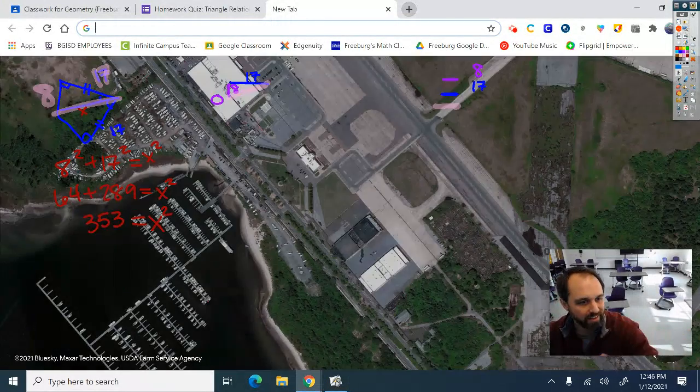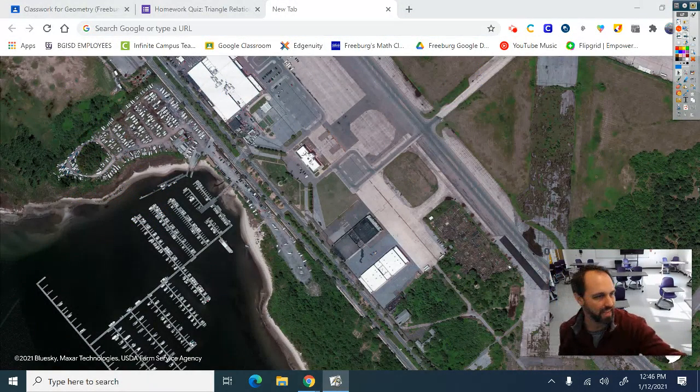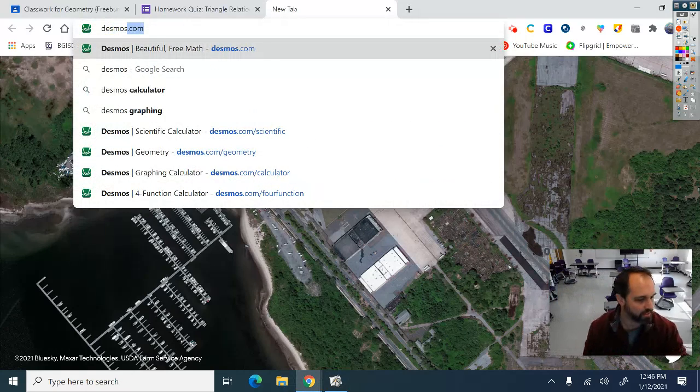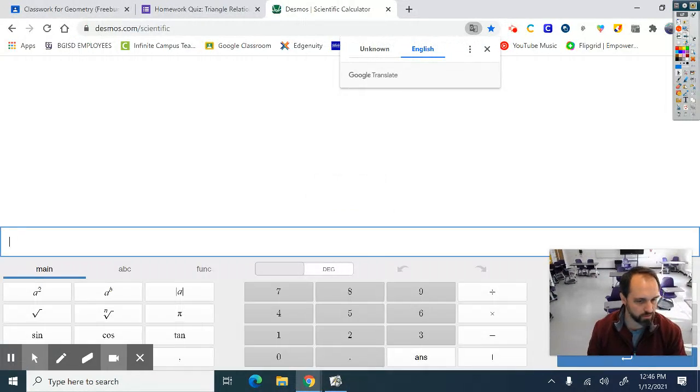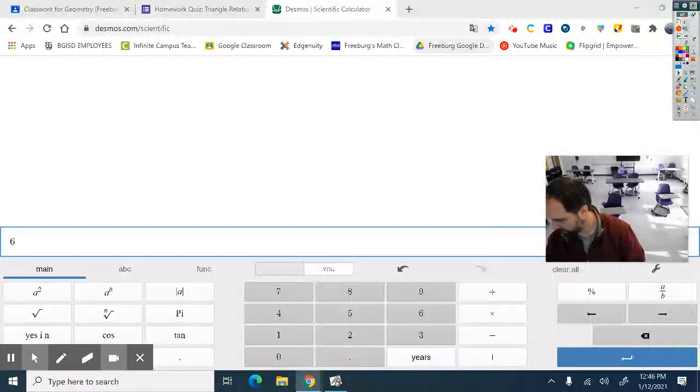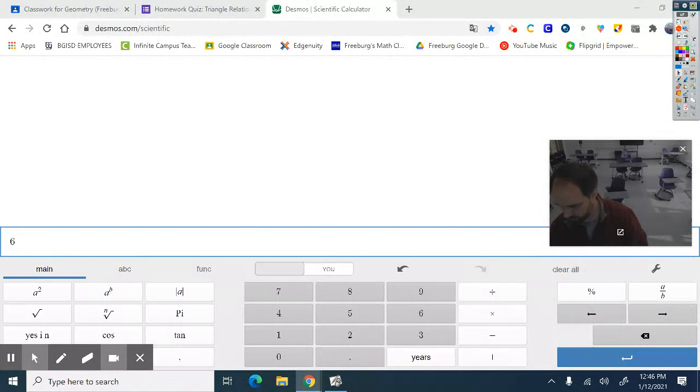All right. Again, if you don't have a calculator, please use Desmos Scientific. I think it is a great tool for you to use. So we had 8, whoops, I'm blocking some of my stuff there. There we go.